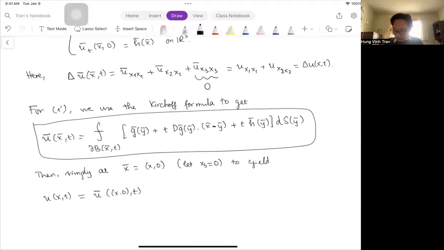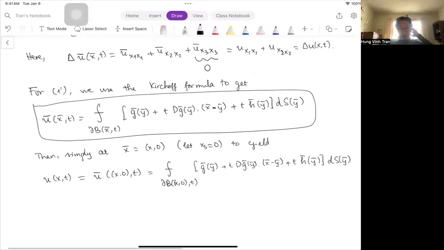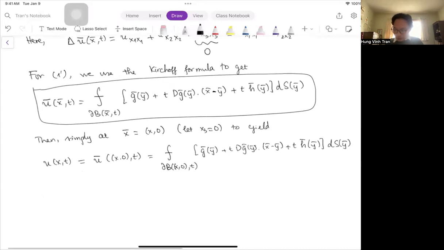And this equals the integral on the sphere of center x, 0, radius t, of g bar of y bar plus t times the gradient of g bar of y bar dot x bar minus y bar plus t times h bar of y bar, dS y bar. That's one simplification I need to make, and then we get the Poisson formula.